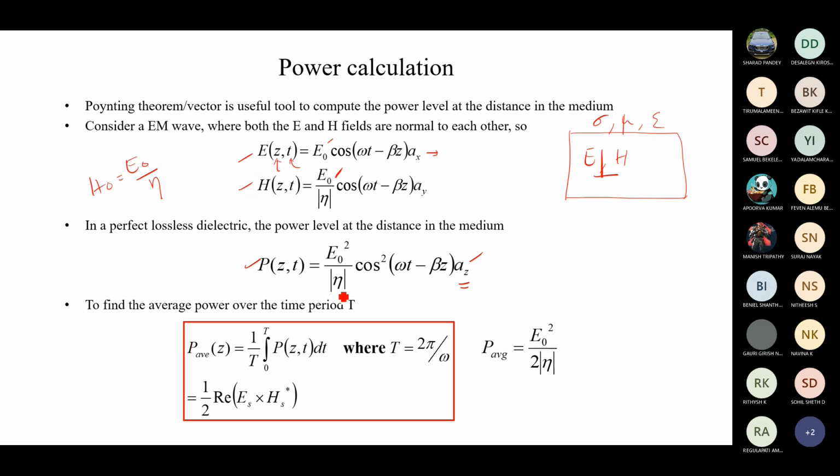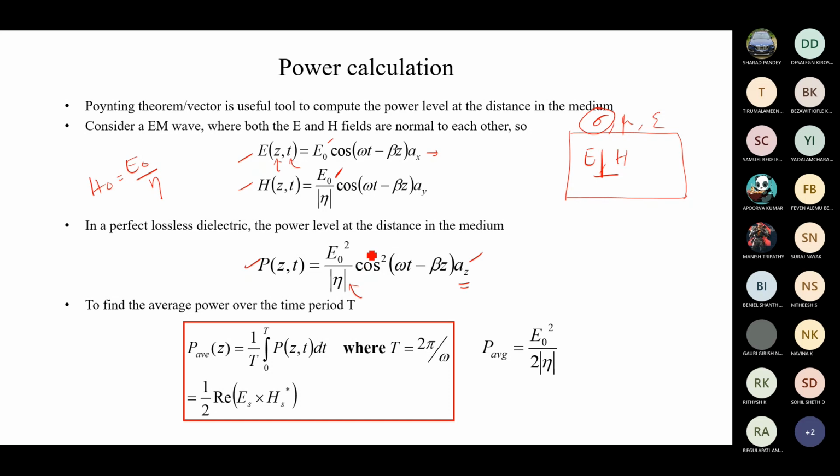And for the medium, the power is always affected by the magnitude of the impedance. The phase term in this particular case is highly negligible, and this could be because the conductivity is equal to 0. And this is the power term.